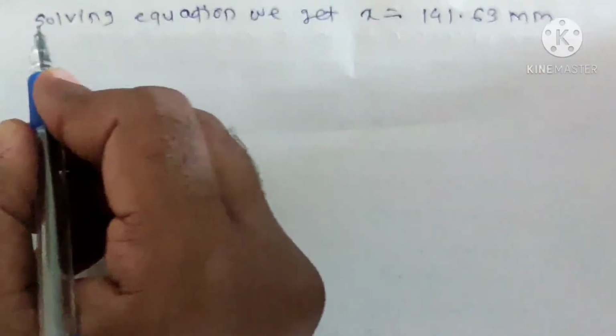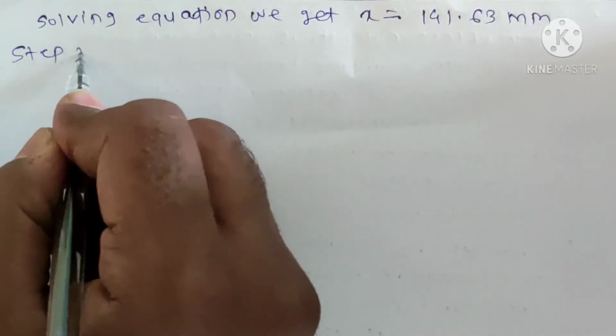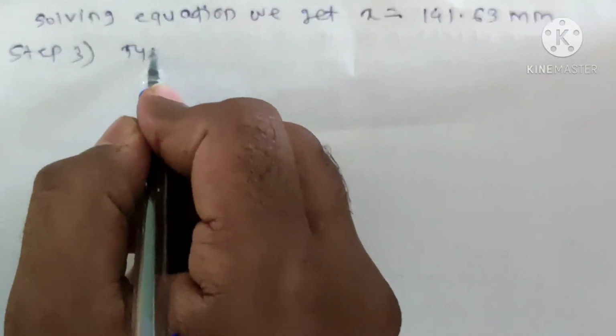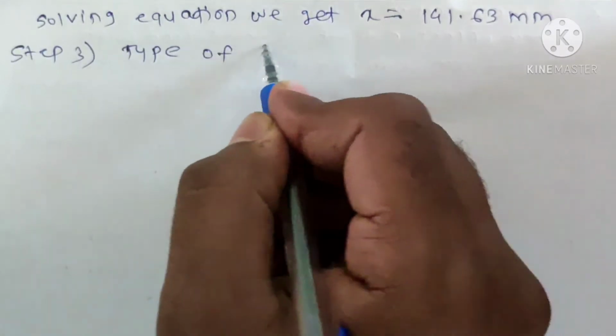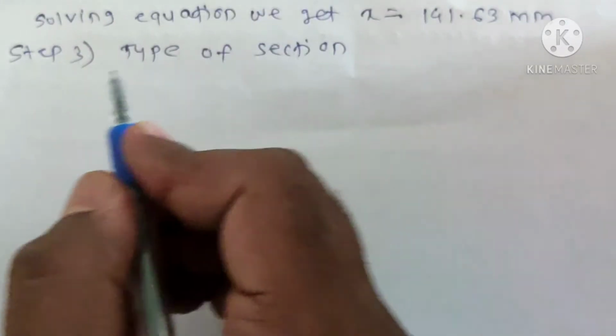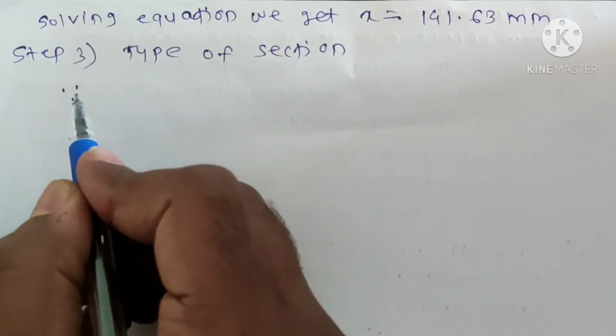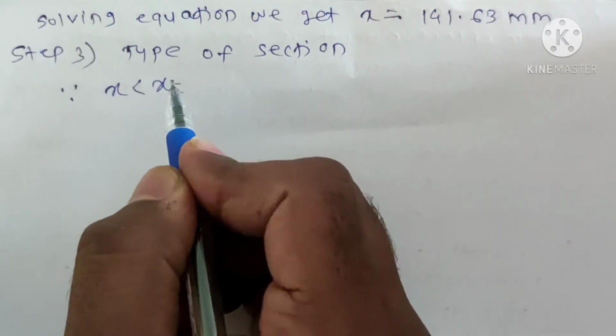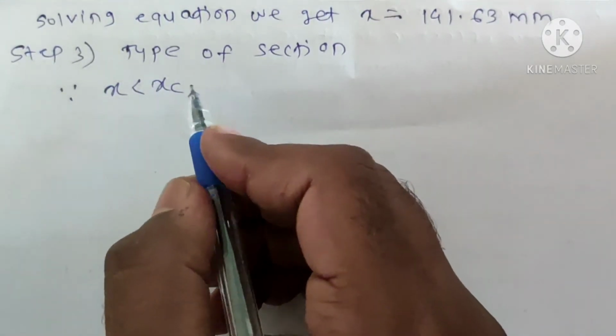Then step number 3, type of section. Since x is less than xc, the section is under reinforced.